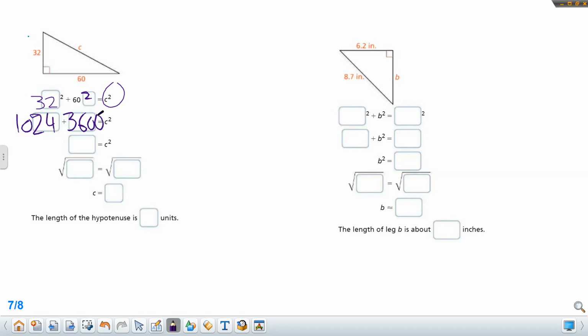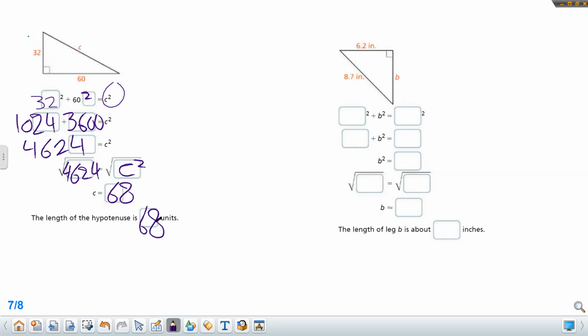If you add them, it will be 4,624 equals C power 2. Then you can take the square root of both. Then the square root of C power 2 equals the square root of 4,624. Then C equals 68.